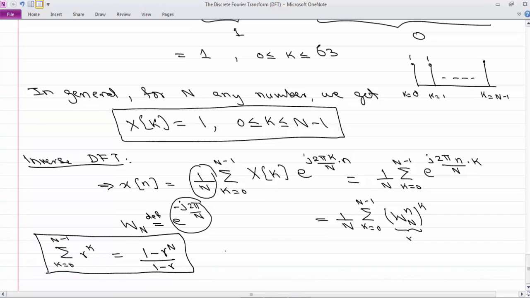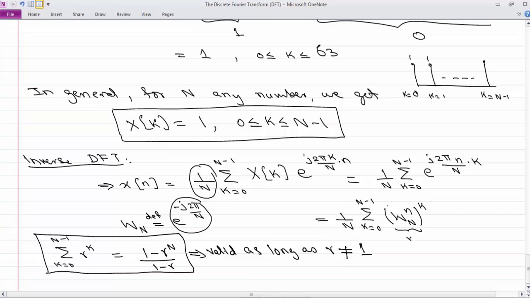This formula of course is valid as long as r is not equal to 1, because if r is equal to 1, then you will get 1 minus 1, which is 0, divided by 1 minus 1, which is 0, that's 0 divided by 0, undefined.